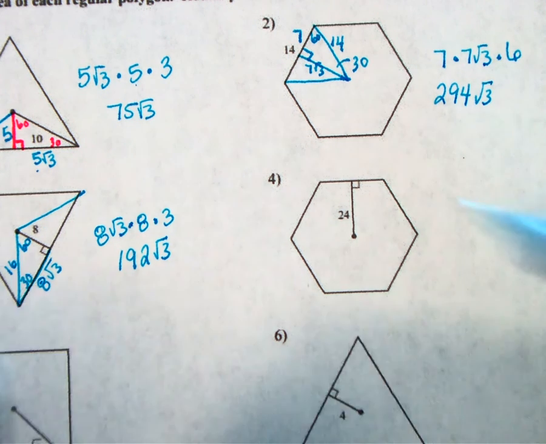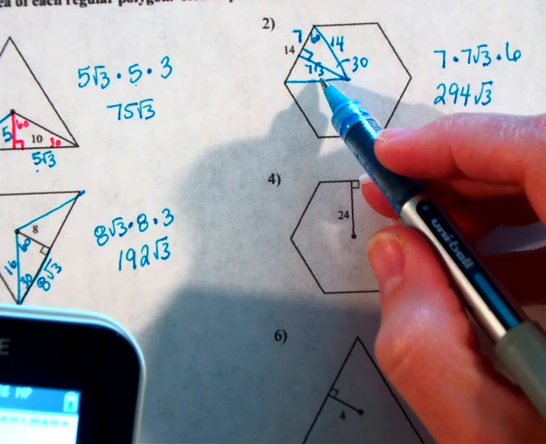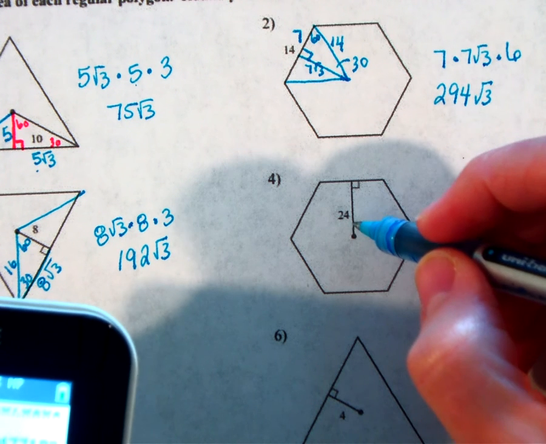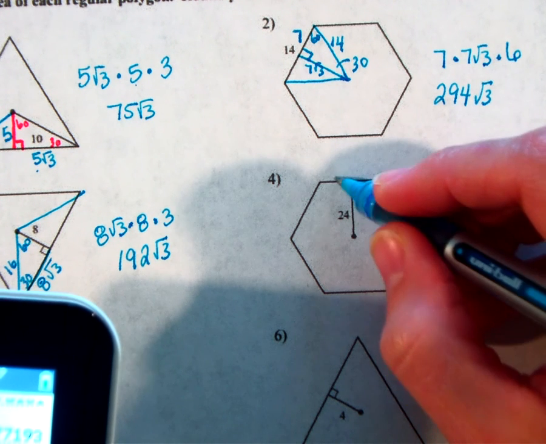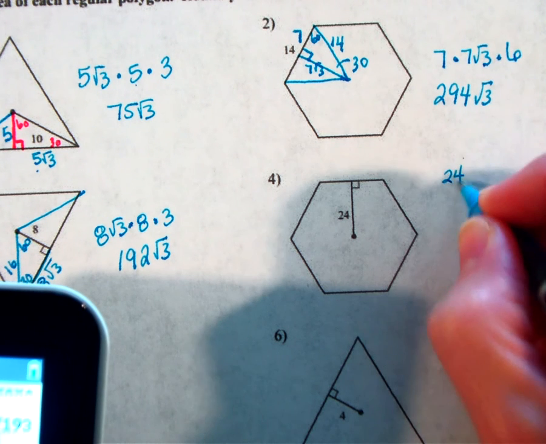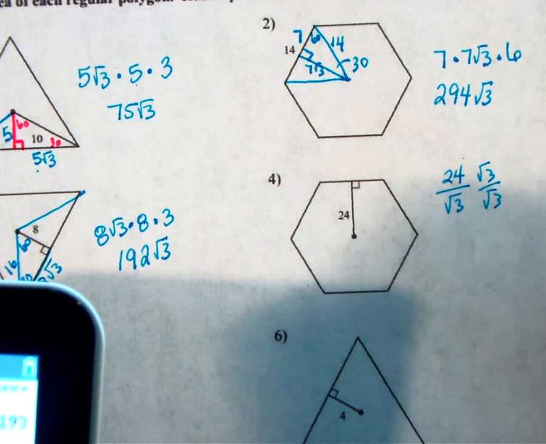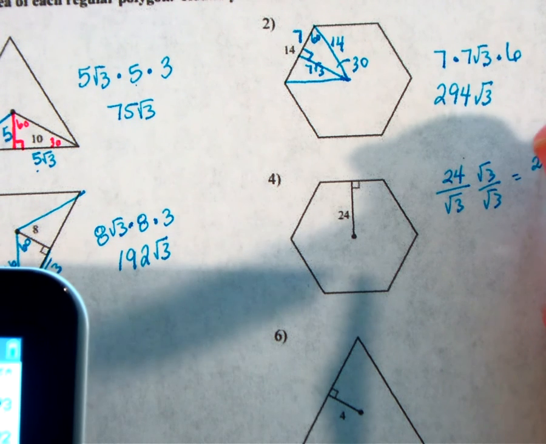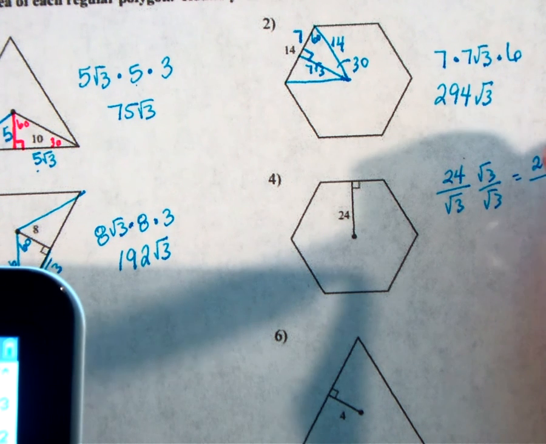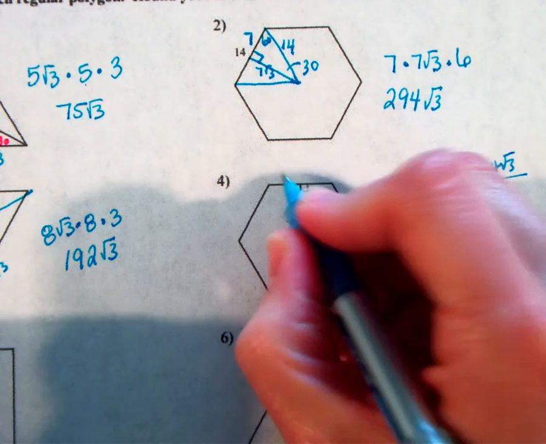Here's where it gets interesting, because on this one, the apothem, which should be the radical 3 side, which we showed here, is 24. If you remember correctly, it's been a long time since we've done that, but to get from the apothem down to the short side, you have to divide by radical 3. So this is 24 radical 3 over 3, which 24 divided by 3 is 8.